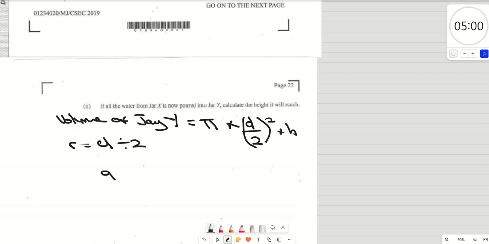That is equal to 9 pi D squared, which is equal to pi D squared h all over 4, because D over 2 multiplied by D over 2 is D squared over 4.